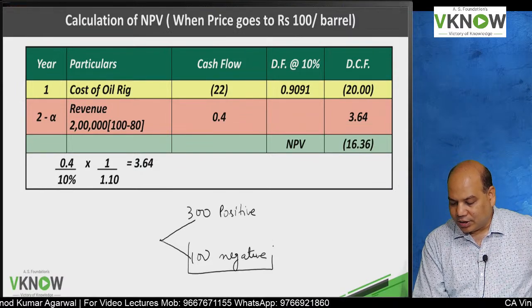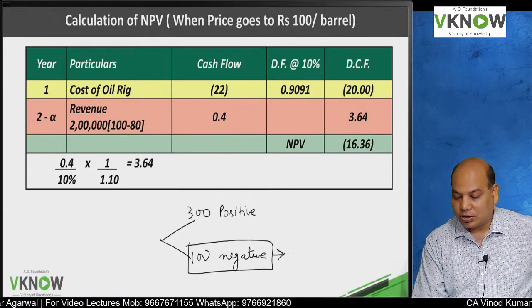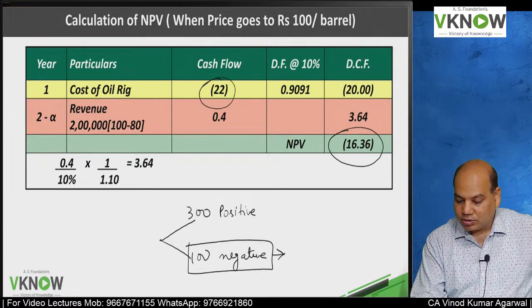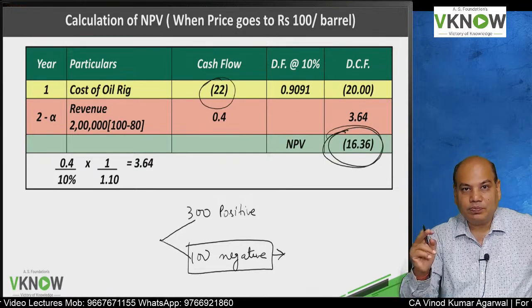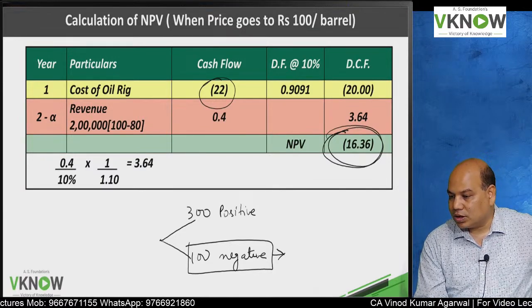After getting negative NPV, would you still dare to start the project? After knowing that if I start the project, I'll get a negative NPV, would you still start the project?